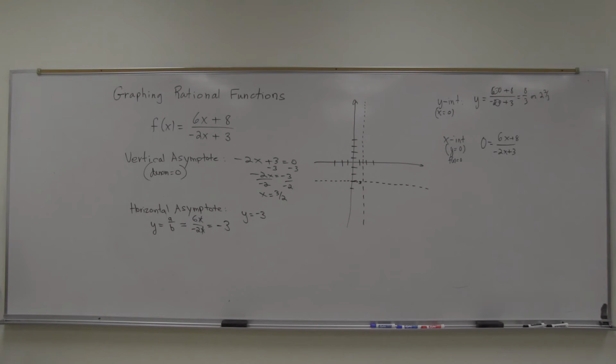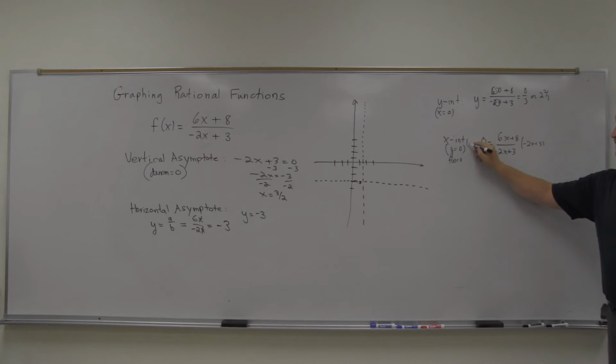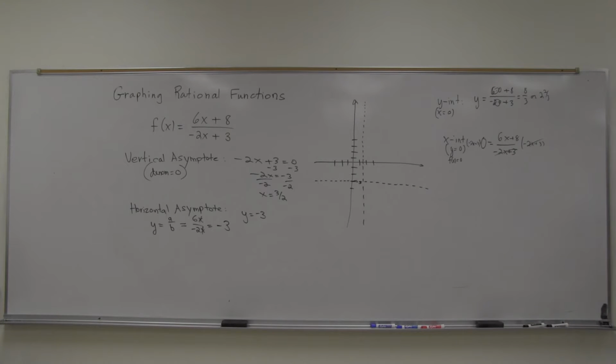Which looks a little more complicated, but it is not really, because if I multiply both sides by negative 2x plus 3 to get rid of that denominator, well, 0 times negative 2x plus 3 is still 0. So you wind up with just 0 equals 6x plus 8, and solving that out, x would be negative 8 over 6, so that's negative 4/3, or negative 1 1/3, or something equivalent.